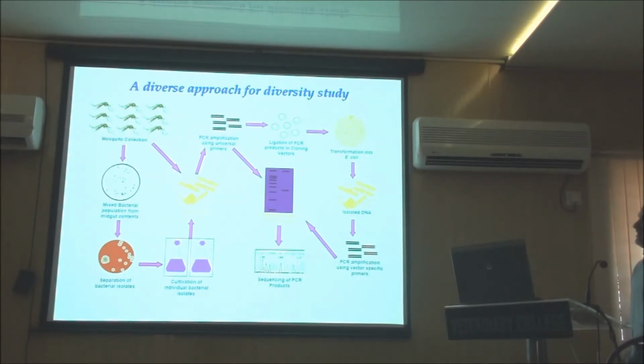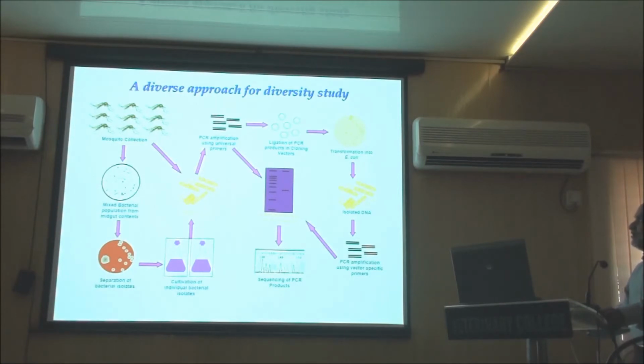And then in order to study so-called uncultured, uncultivable microbes, the technique that was introduced in the 90s was: you take any ecological sample, PCR amplify 16S rRNA genes using suitable universal primers, then you will get a PCR product which is a mixture of 16S rRNA genes from different organisms.